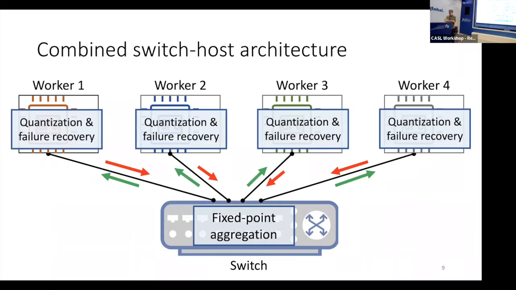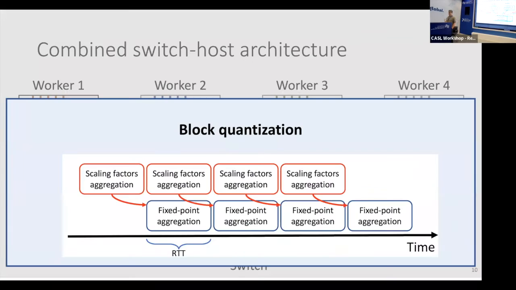In order to overcome that limitation, because we can only do fixed point integer aggregation, we perform integer-based quantization by adopting a per gradient chunk scaling factor that is computed by finding the maximum across all the related blocks or chunks of gradients ahead of time.